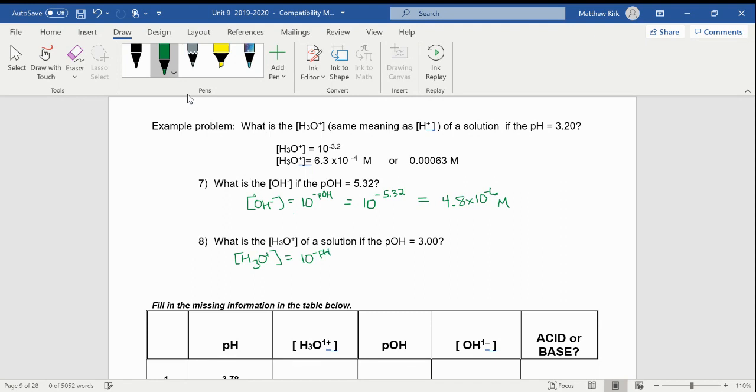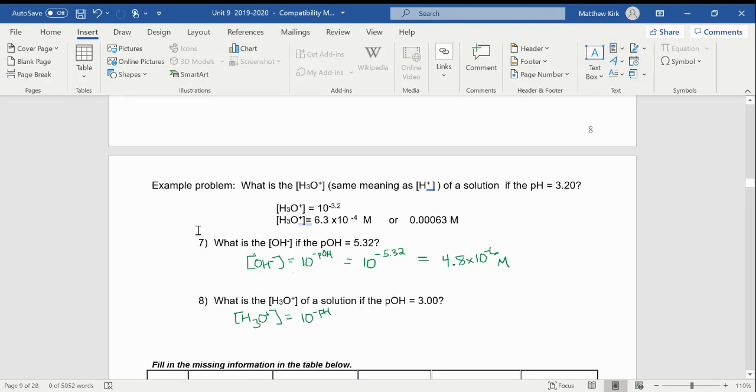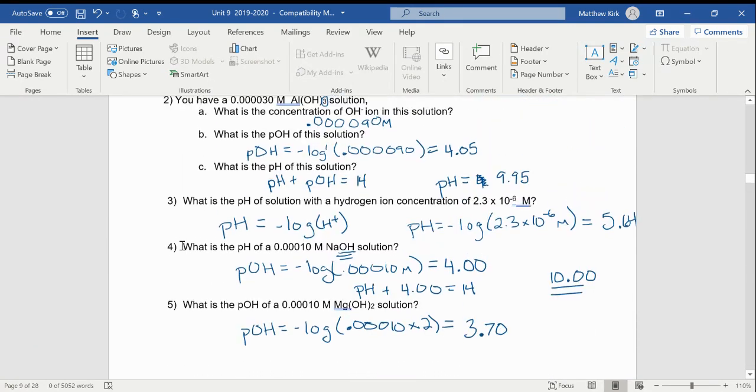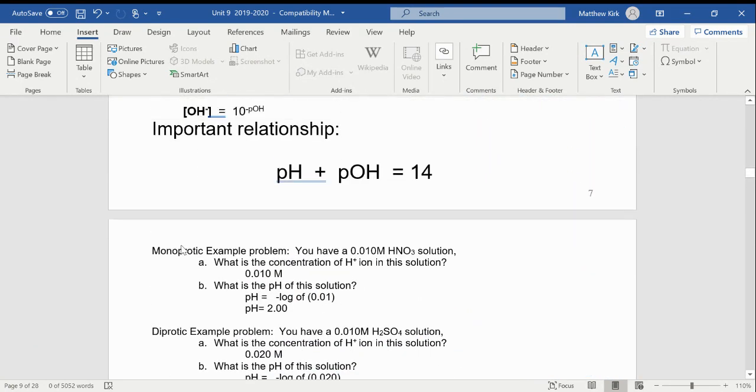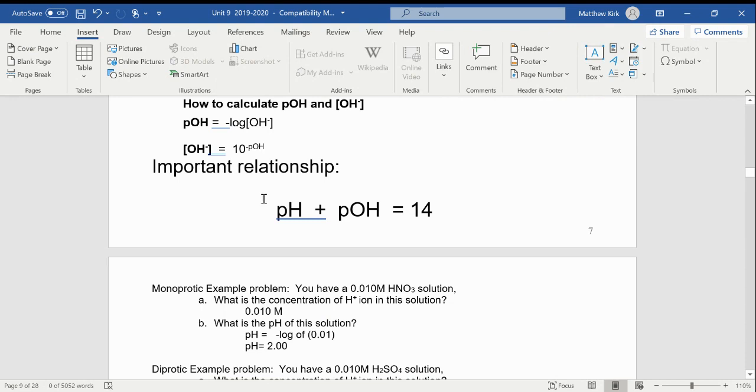So, okay, we go to ourselves, oh, easy, right? We're just going to plug in negative 3. But wait, that's pOH. So we have to ask ourselves, how can we get pH? What's something that relates pH and pOH? Oh, look here. Here's that real important formula: pH plus pOH equals 14.